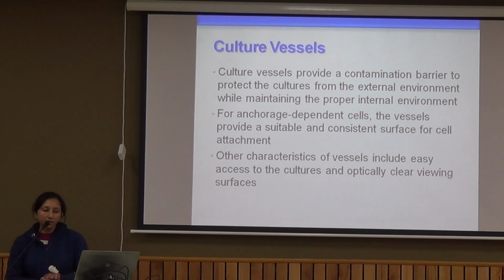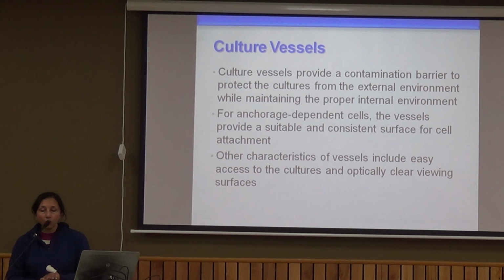What do you mean by this? The culture vessel should have an opening from where we can either add the cells or extract, that is harvest, the cells. Plus, we should have clear viewing surfaces. What is going on inside the vessel? We need to monitor it continuously. So we should have something so that a clear view is available.